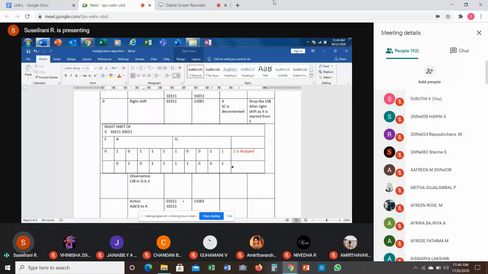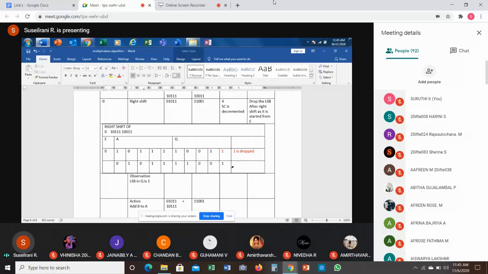As we saw here, the sequence counter, the same, it will be initialized with the number of bits. And as you keep on doing the process, it will get decreased. So you should see to it that the number of bits is equal to the number of steps that you are doing in Booth algorithm, the number of steps that you are following to find out.